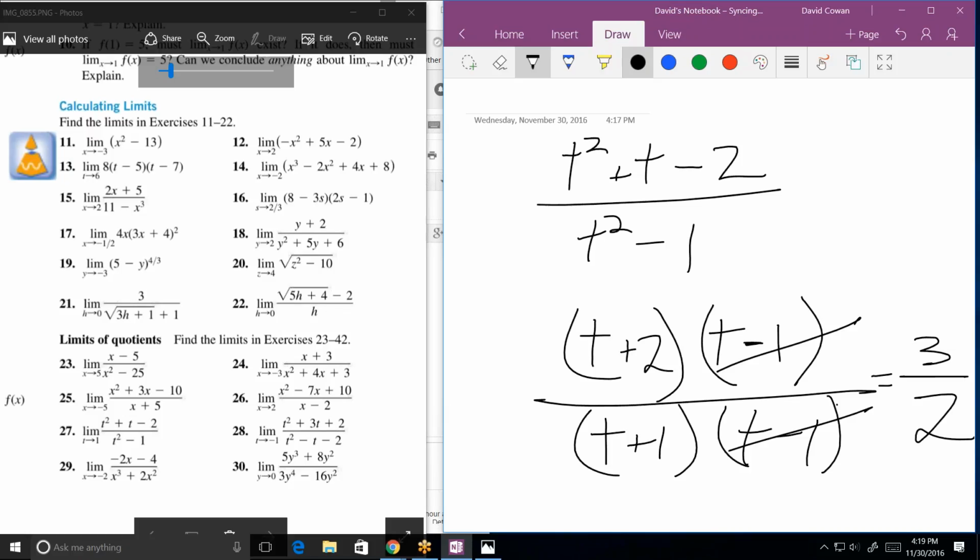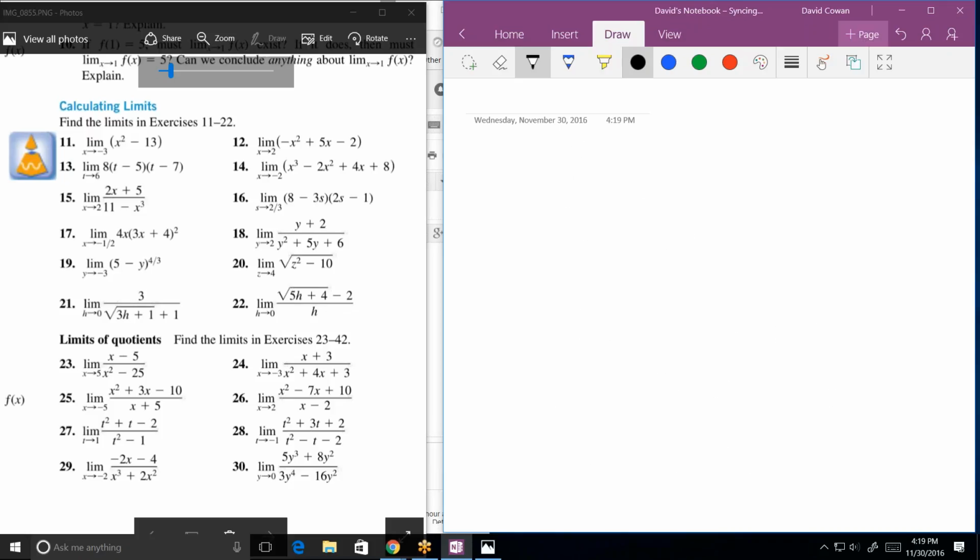28, you're going to factor top and bottom. Do the same thing. 29. First of all, 29 is 0 over 0. Let's look at it. Let's try to do it.